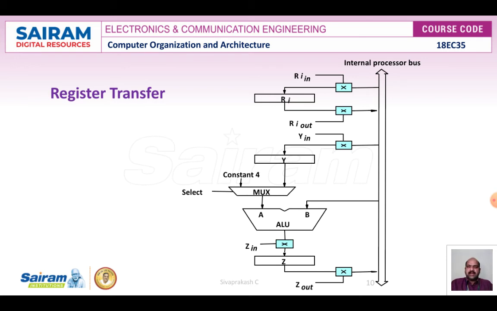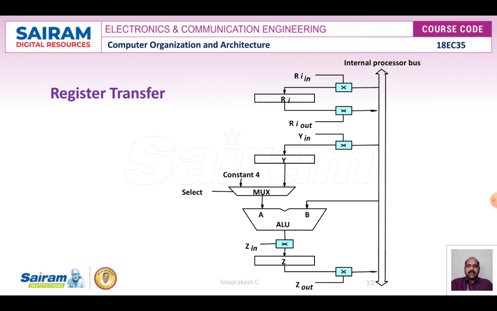Hence, at the next active edge of the clock, the flip-flops that constitute R4 will load the data present at their inputs. At the same time, the control signals R1 out and R4 in will return to 0. So we are using this simple model of the timing of data transfer in register transfer.